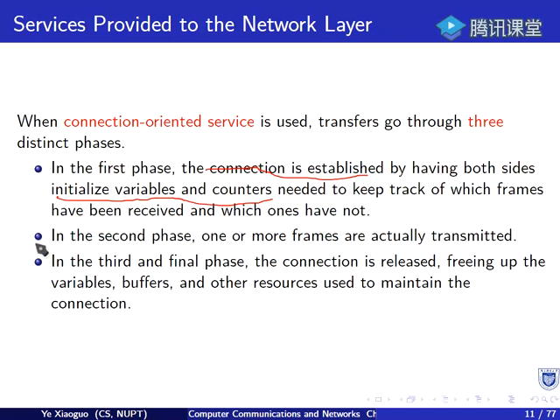In the second phase, one or more frames are actually transmitted. In the third and final phase, the connection is released. If the two machines finish transmitting data, the connection will be released, freeing up the variables.